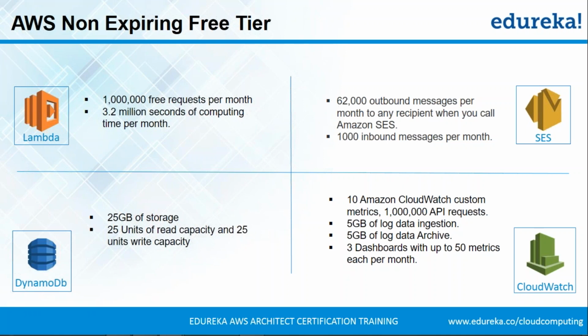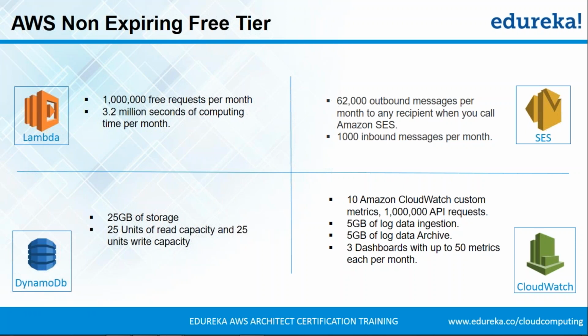When a request is made on DynamoDB, say you're reading from DynamoDB, as the number of requests rises, the units rise. Say there are 1,000 requests right now to DynamoDB and you're using around 2 units of read capacity. As the requests rise, the read capacity units also rise. The same is the case with write as well. So you can use 25 units of write capacity and 25 units of read capacity for free in DynamoDB.